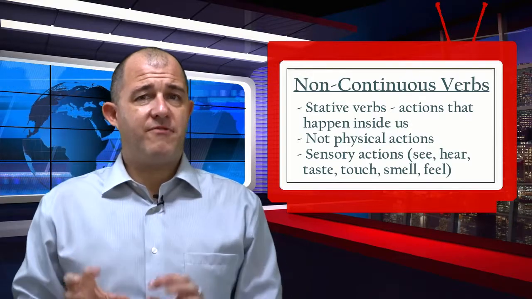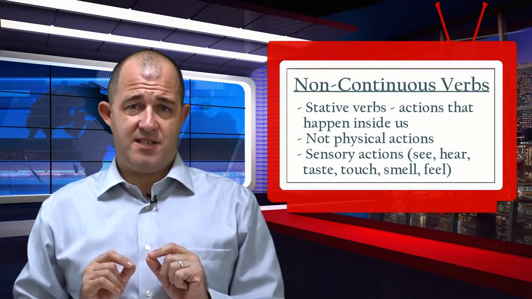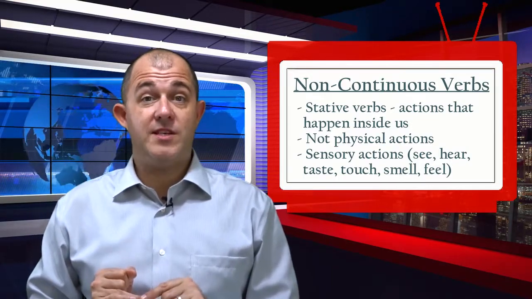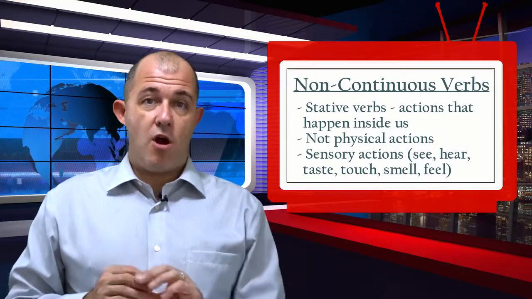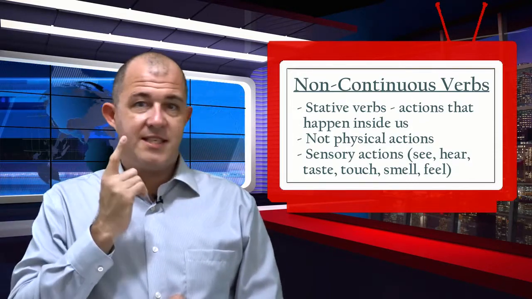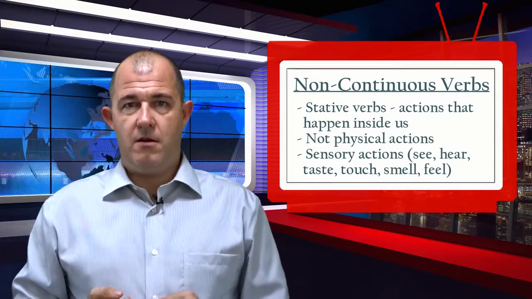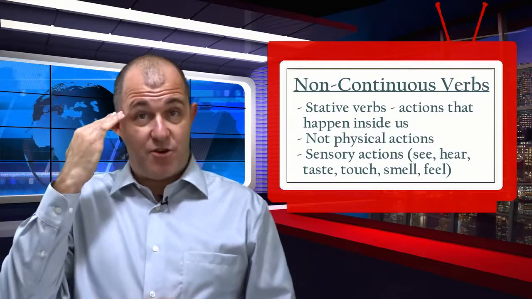So these types of verbs are usually used with simple tenses, not continuous tenses. These verbs are often sensory verbs like see, hear, taste, touch, smell, feel. They're also verbs that happen in your head.